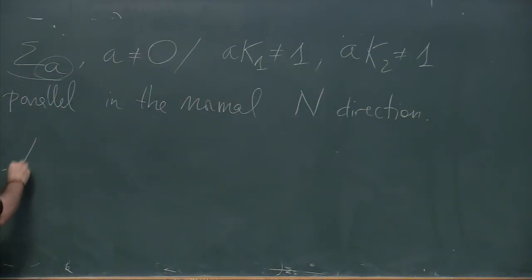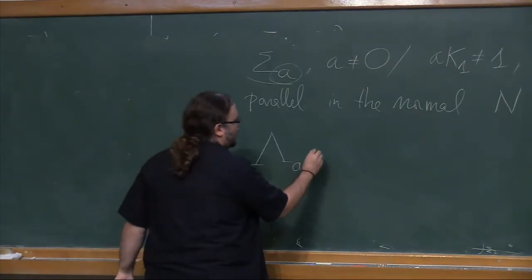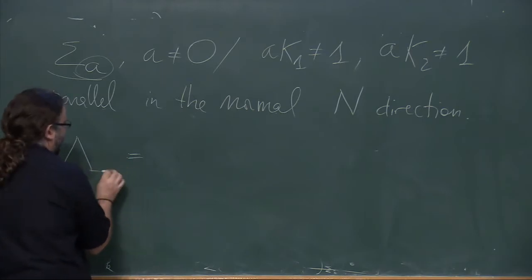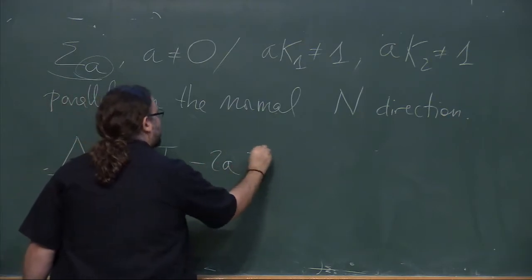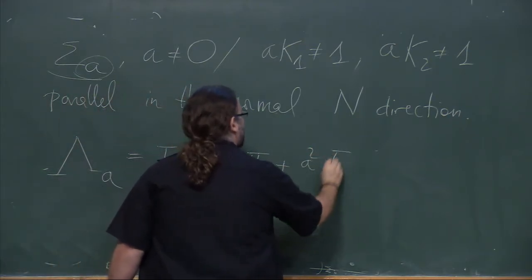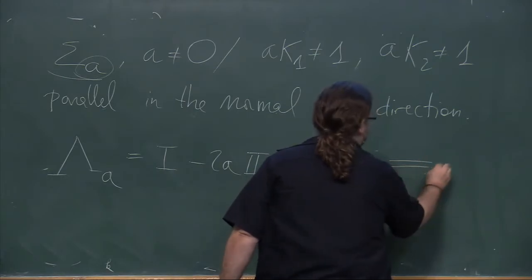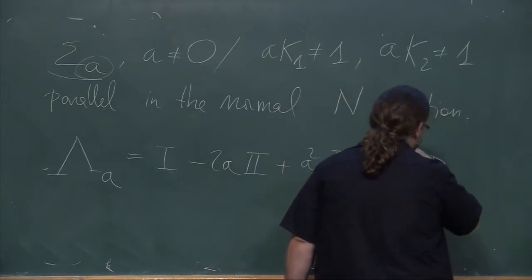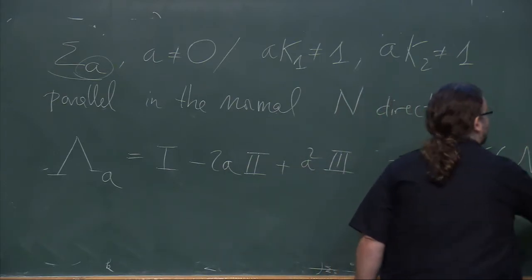Then let lambda_A be the induced metric. One can prove that we can express this metric in terms of the first, second, and third fundamental forms. The third is defined as usual, using the shape operator. A simple computation gives this relation.